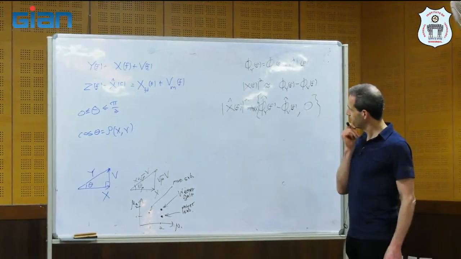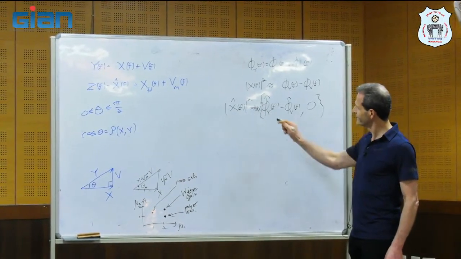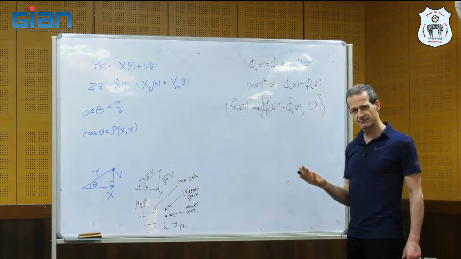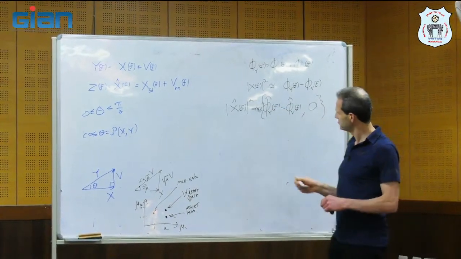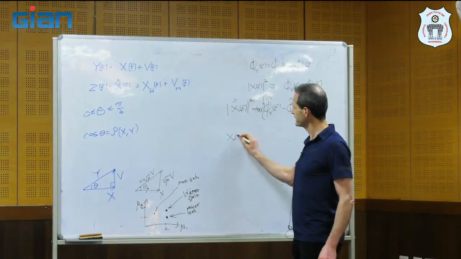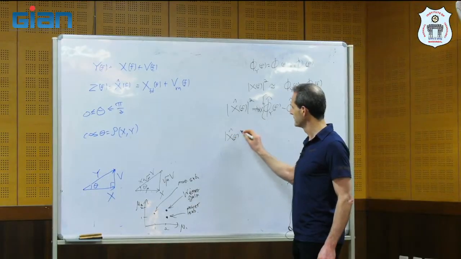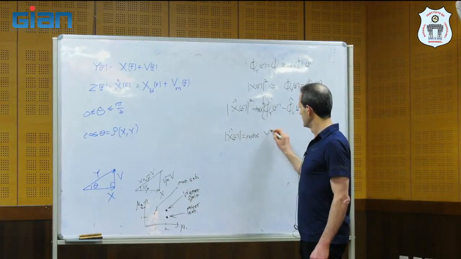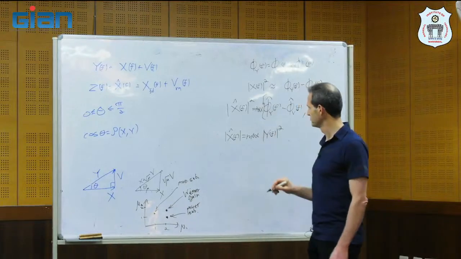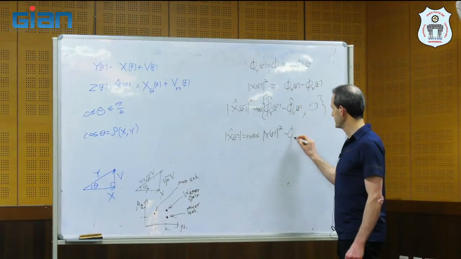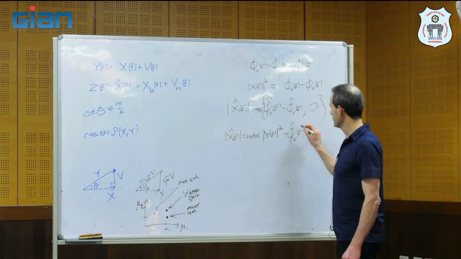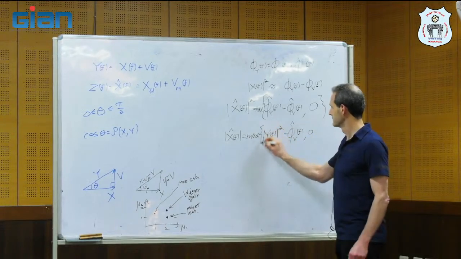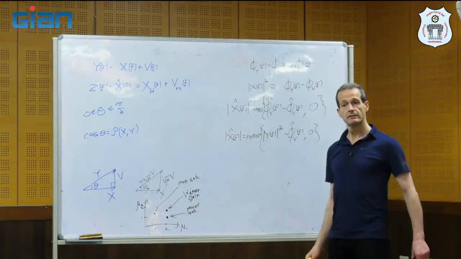So I can say, you know what? An estimate of this can be like this. I will write x f hat magnitude squared equals max of y f magnitude squared minus phi v f hat. Okay?